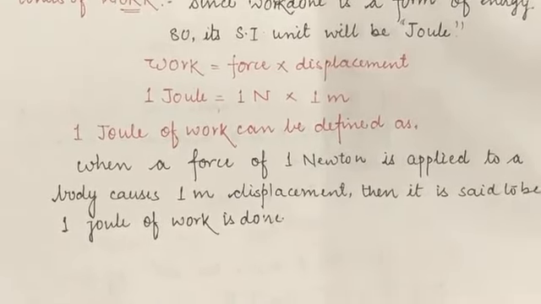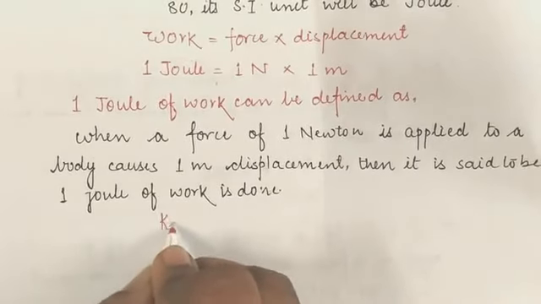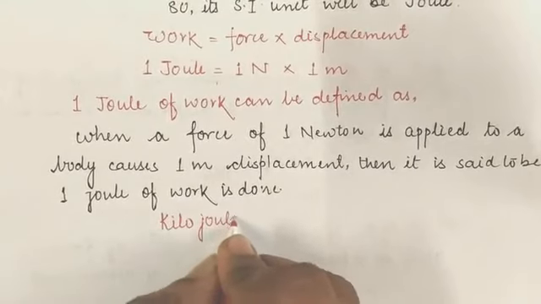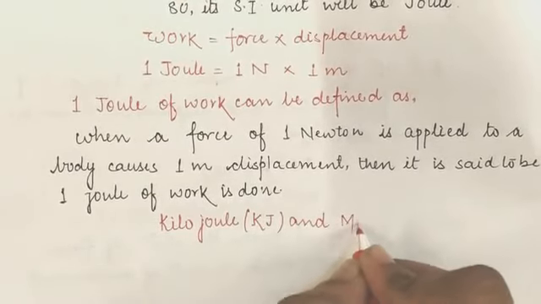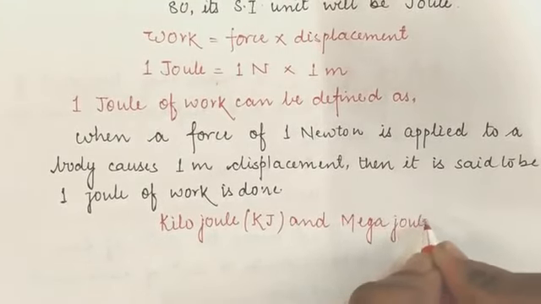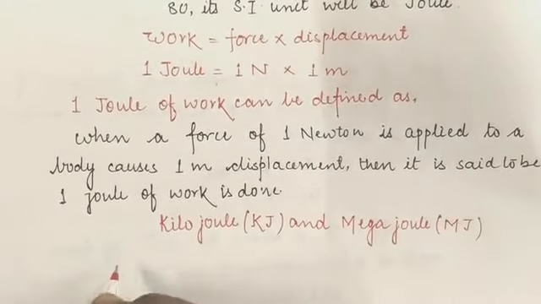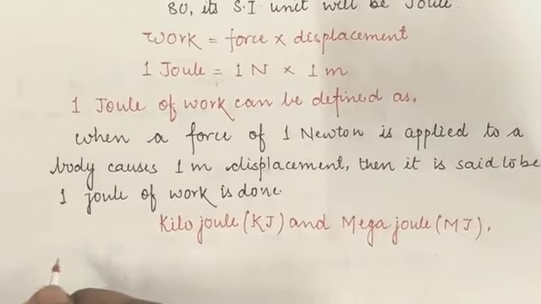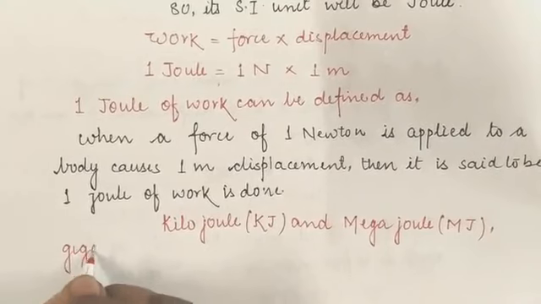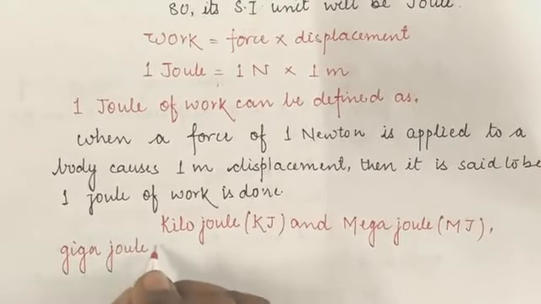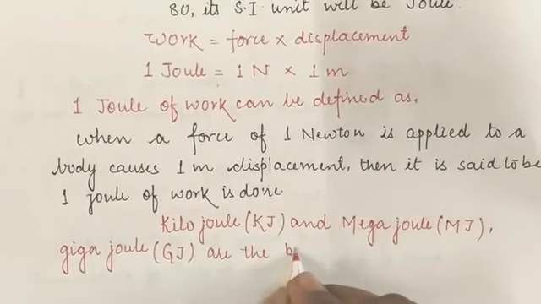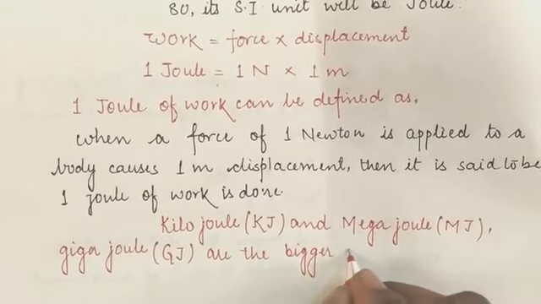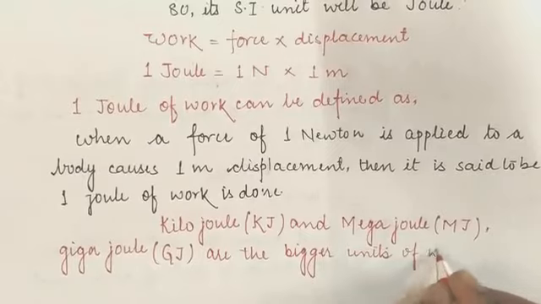Okay children, so now here I am going to write that the kilojoule, that is kJ, megajoule, that is MJ, and also gigajoule, that is GJ, are the bigger units of work done.